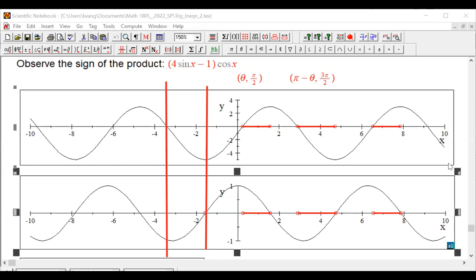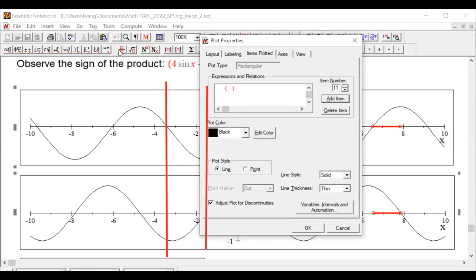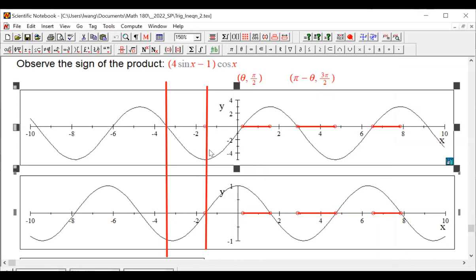So we're going to identify the same point in this picture. Negative pi over 2, and they're going to be red circles. So these two points are identified.